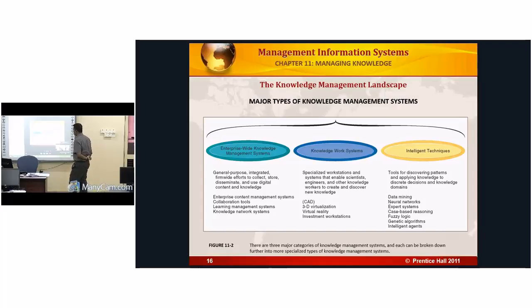So it contains enterprise content management systems or CMSs, collaboration tools like SharePoint and Lotus, learning management systems we are using now, Moodle or whatever you see, and knowledge network systems.